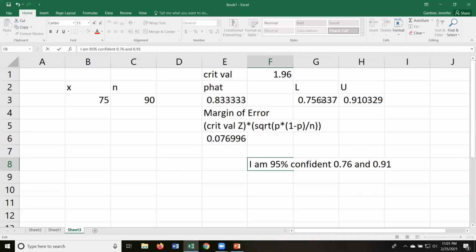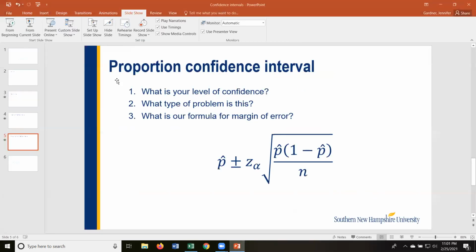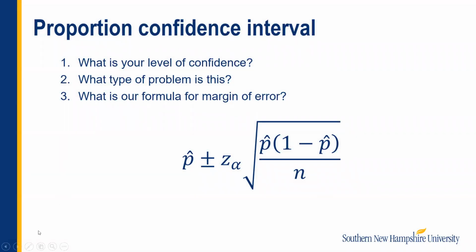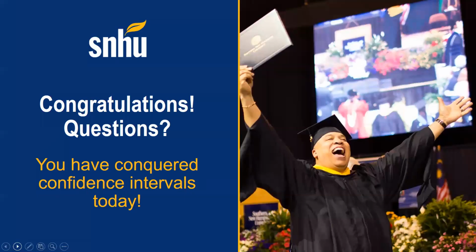So looking at this, this gives us something to discuss for the whole population. And we're confident that the true proportion is between there. So this formula is for proportions, and when you're working with one number out of another, this is the one to use, versus the one for means we looked at before.